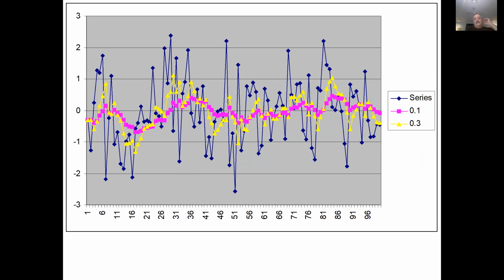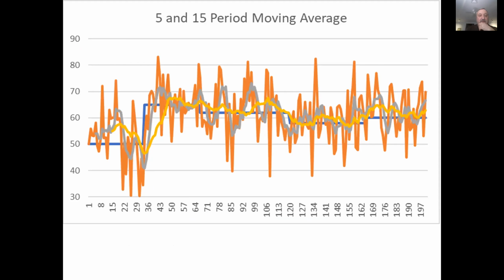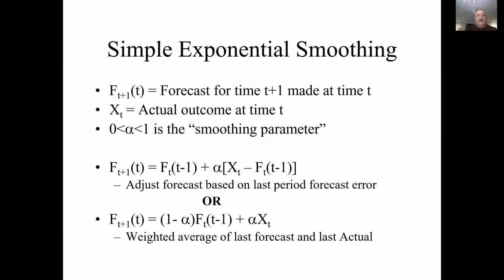Now, one thing you can do is keep track of the forecast error. The forecast error is just the actual outcome minus the forecast, right?